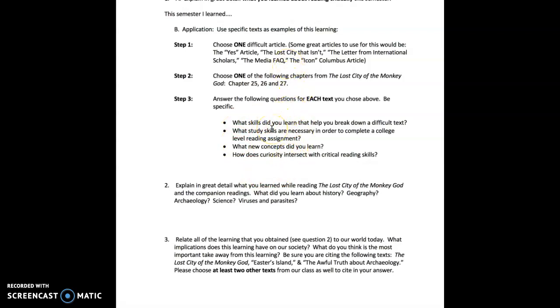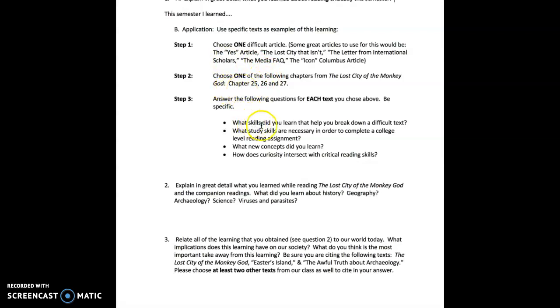So for example, if I chose that I was going to use the letter from International Scholars as my one difficult article, and I was going to use chapter 25 for my chapter, then I would go through and answer these questions of how I got through the letter of International Scholars and chapter 25.